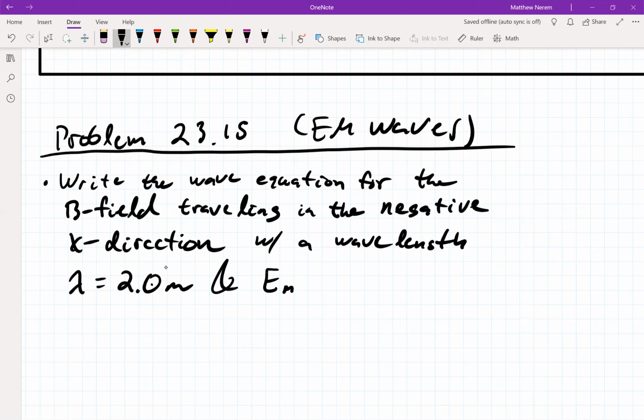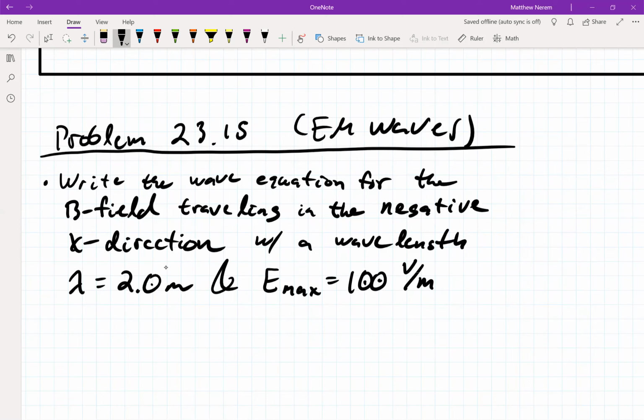And the wave has an electric field maximum of 100 newtons per coulomb. I'll rewrite that as volts per meter, how we've gotten the convention of writing fields. Same thing, newtons per coulomb, volts per meter, identical units.